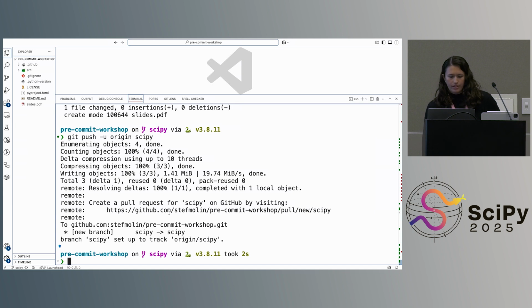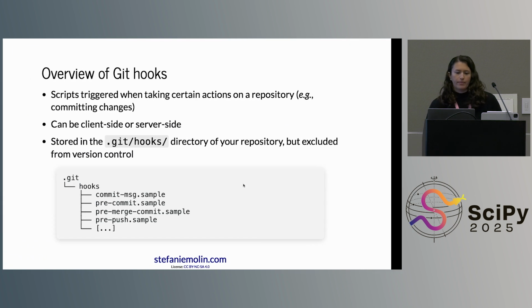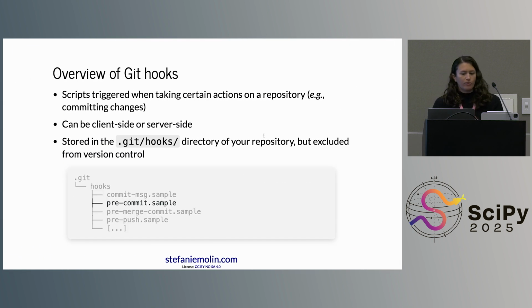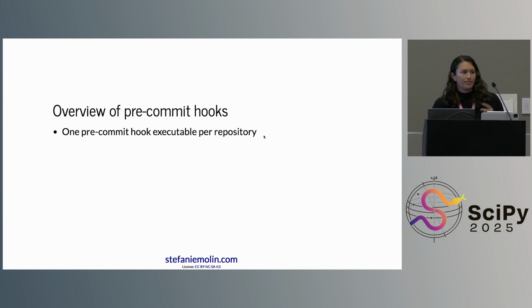So now that we've covered that bit, okay. So as I was saying before, right, we have one hook script that can run per repository, right? So there's only one file that can be created at .git/hooks/pre-commit, right? And we saw that when we ran git commit, it was automatically triggered for us because this is a system that's already built in to Git repositories, right?